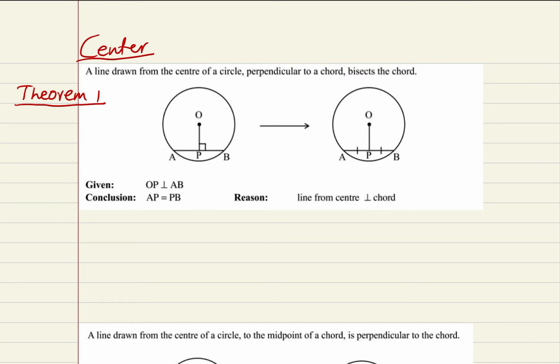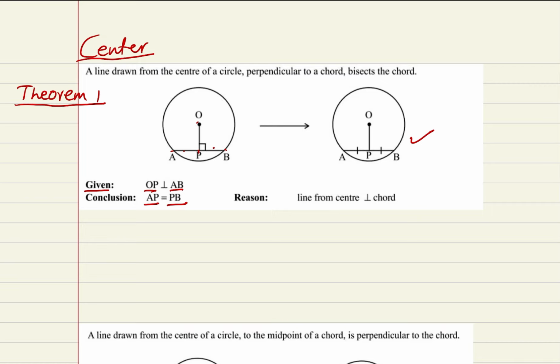This is very important. Our given is that OP is perpendicular to AB. Since OP is perpendicular to AB, the conclusion is going to say what? AP is equal to PB. So these two lines are now equal, as they have shown here.